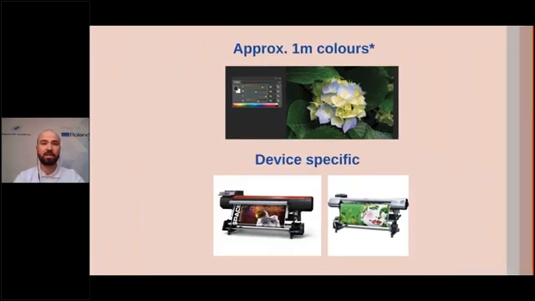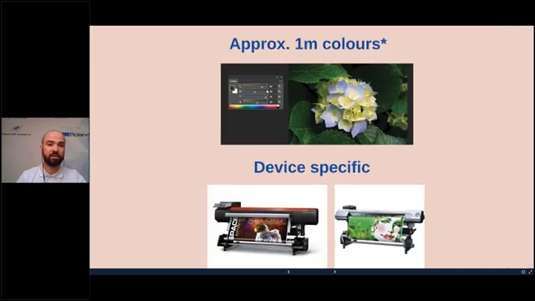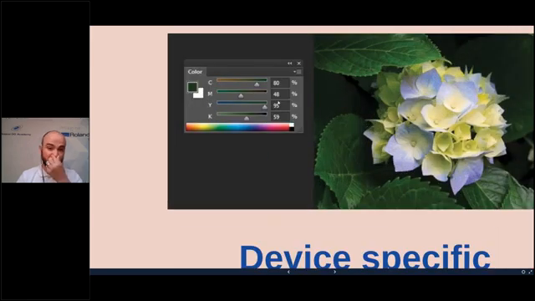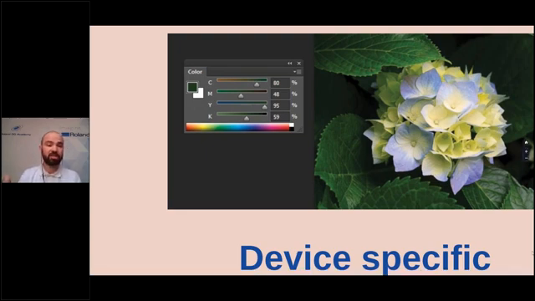In the CMYK color mode, there are approximately 1 million colors. Again, similar to the RGB color mode, when we zoom in here, we can see that when we've color picked one of the colors from this image, the CMYK channels go from 0 to 100 because they're using percentages of formulations of ink in this example.